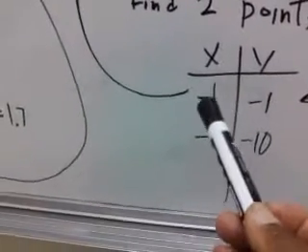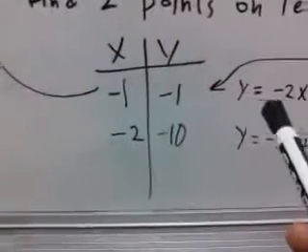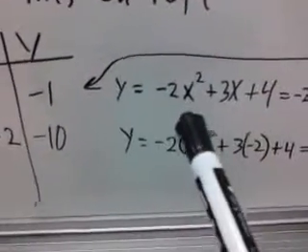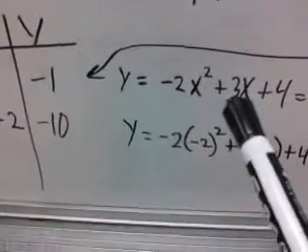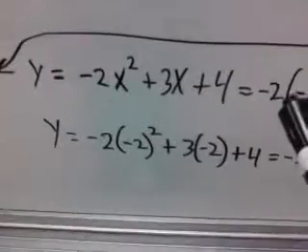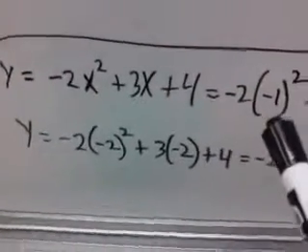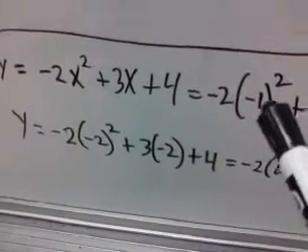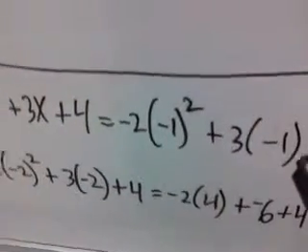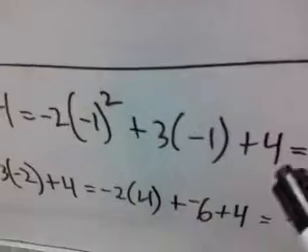I substitute -1 into the equation for x. The equation is y equals -2x squared plus 3x plus 4. I substitute -1 for x. I get -2 times -1 squared plus 3 times -1 plus 4.